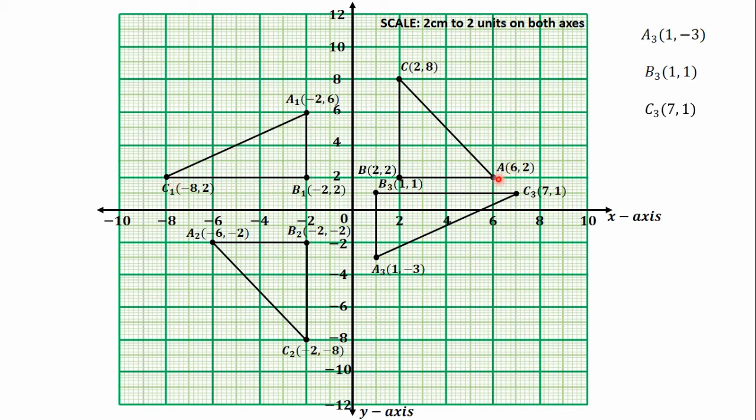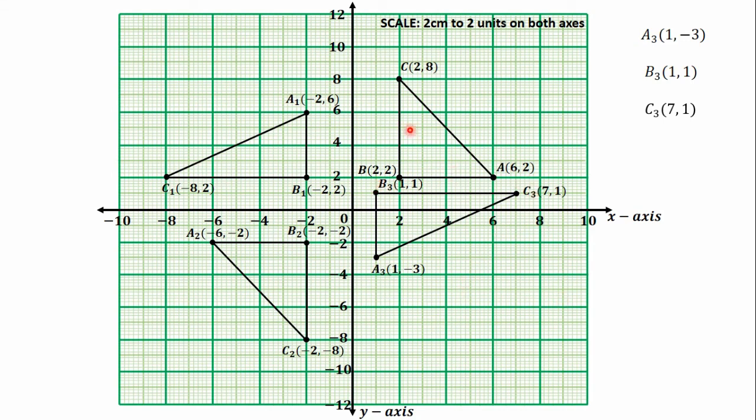Then after that, we rotated triangle ABC again through a 180 degrees angle about the origin to get triangle A2, B2, C2. Then finally, we rotated triangle ABC again through a 90 degrees clockwise angle about the point 1, 2 to get a triangle A3, B3, C3.